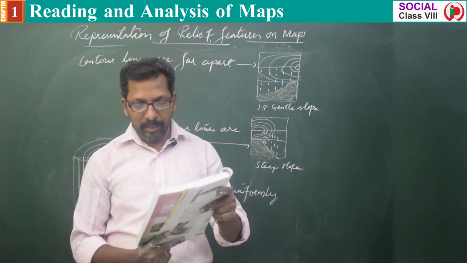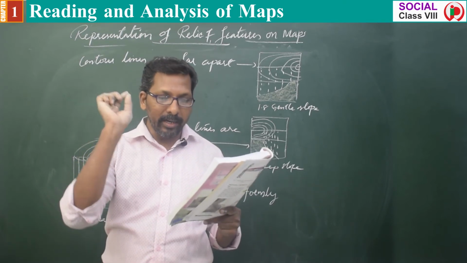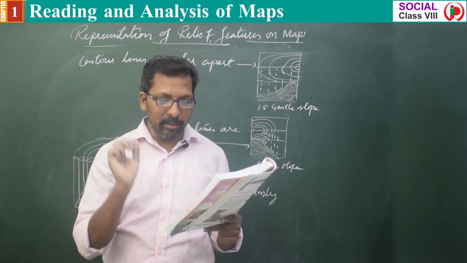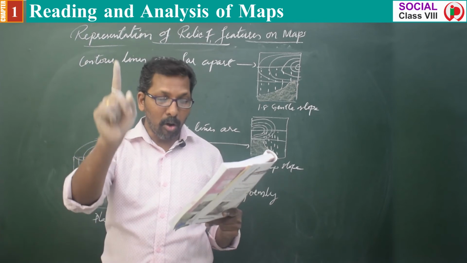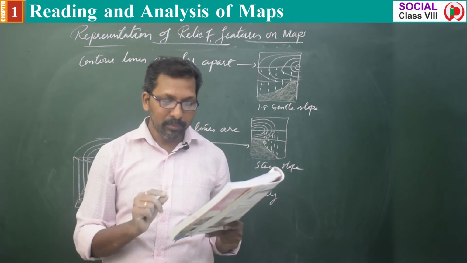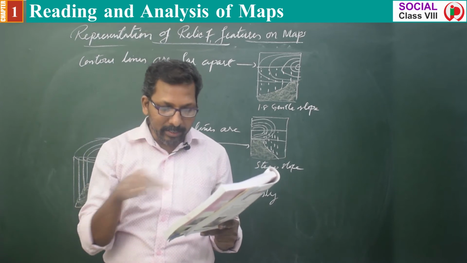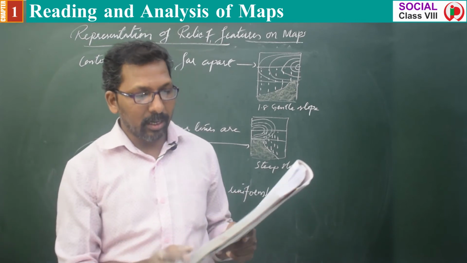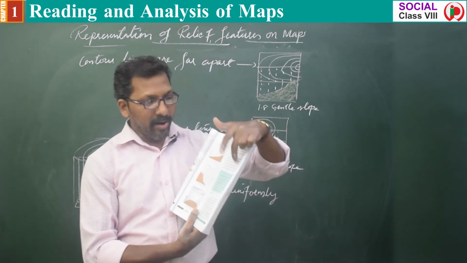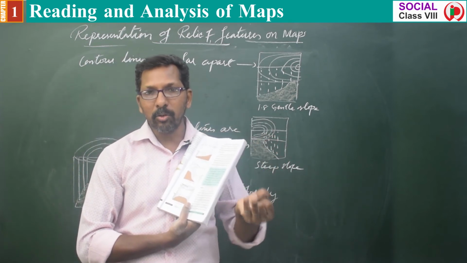Now make a table to identify the different information given for your district from the different types of maps mentioned above. For your district, you have to get the information and write it in the table, about relief and drainage. Relief means what? Hills, plateaus, plains.